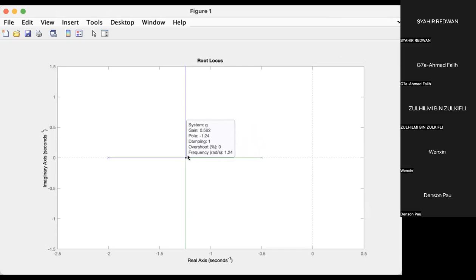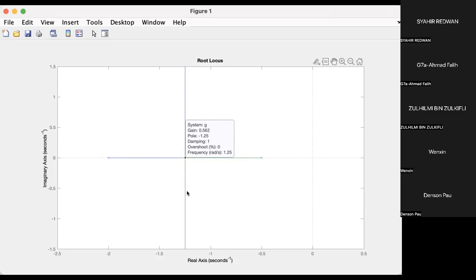It's not empty. Not exist. What is the value of the breakaway point? Look at the drawing. Zulhelmi, what is the value of the breakaway point? 0.562.